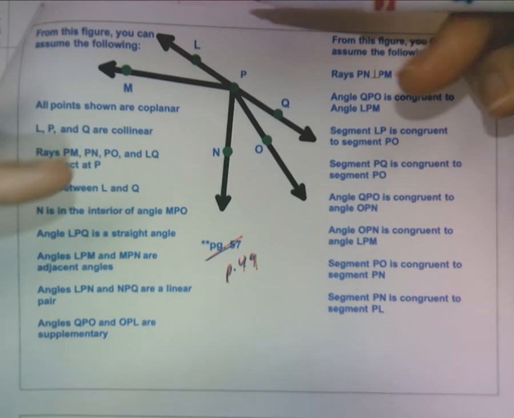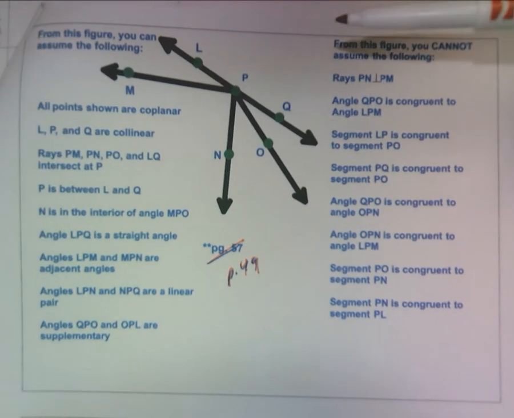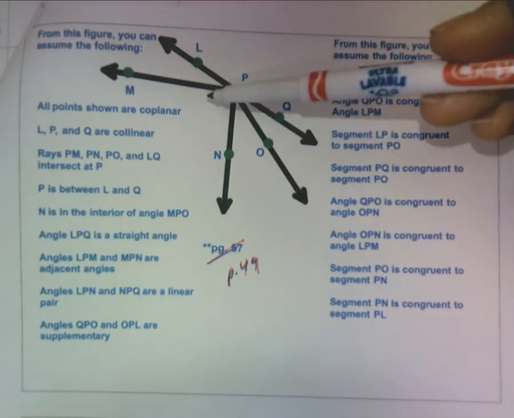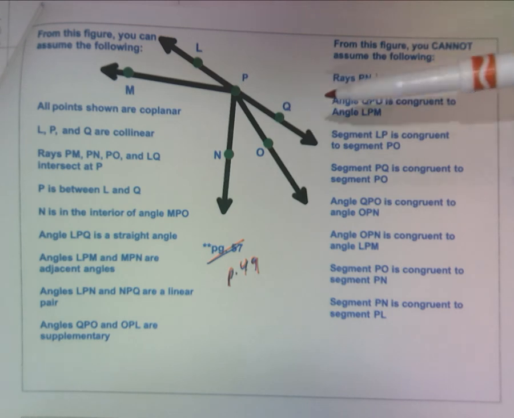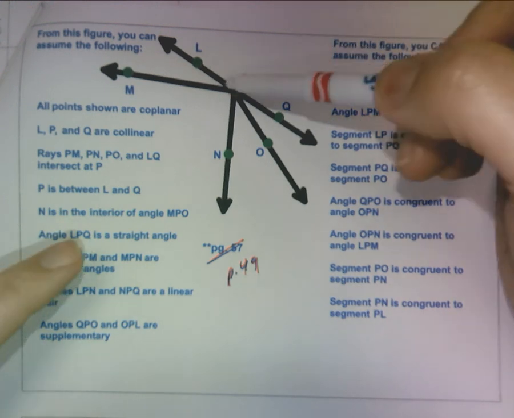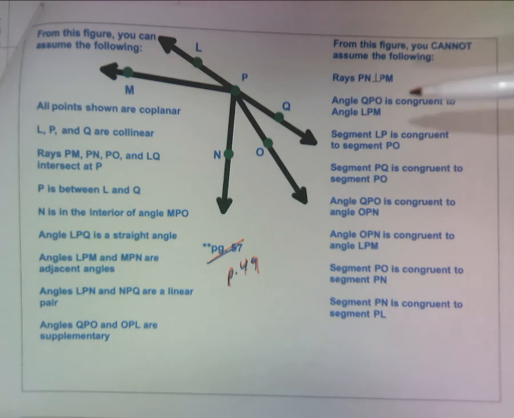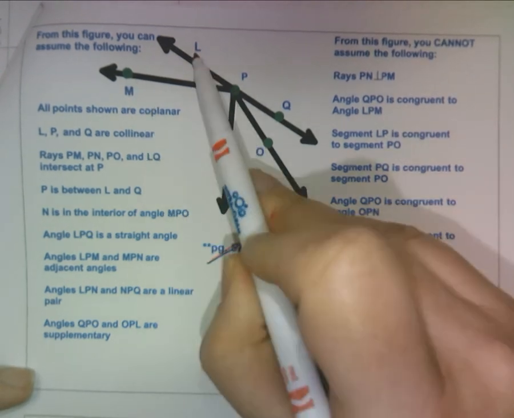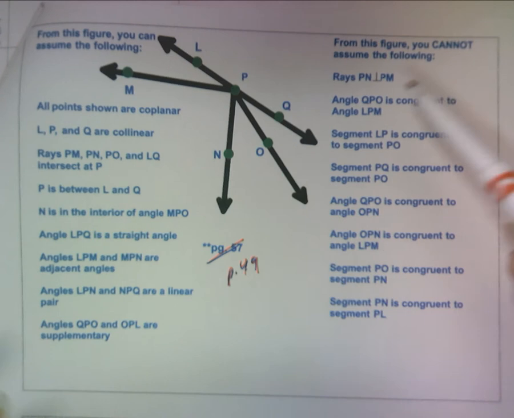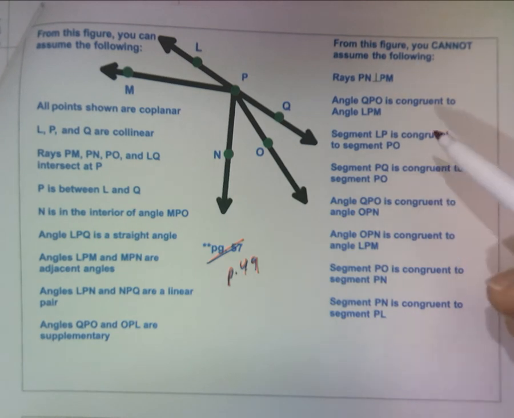So looking at this picture right now, you want to be like, oh, this looks like it's a right angle. Is it a right angle? Does it have a right angle box there? If it doesn't, you cannot assume that, okay? So you just can't say, oh, these two look like they're the same, they're equal to each other. You know, angle MPL is congruent to that. You cannot do that unless you see marks.